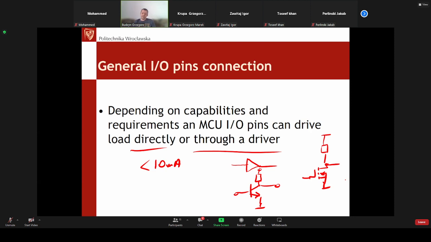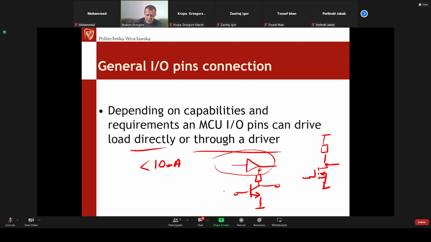The negation of the signal, because that's how they work in this configuration: if there is a 0 at the input, then there is a high state at the output, and if there is a high state at the input, then there is a low state at the output. So our signals from microcontrollers are negated through these drivers, which means that they are equivalent to the NOT gate and not to this buffer.